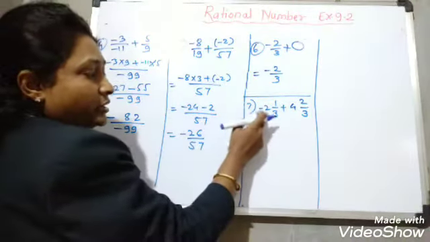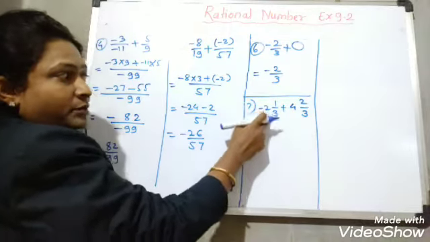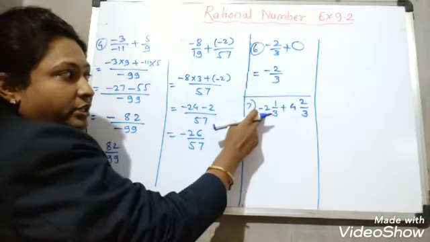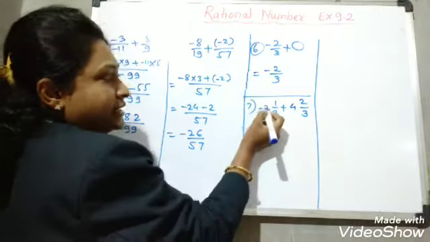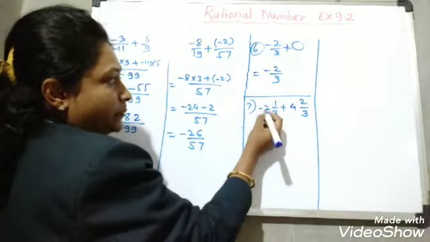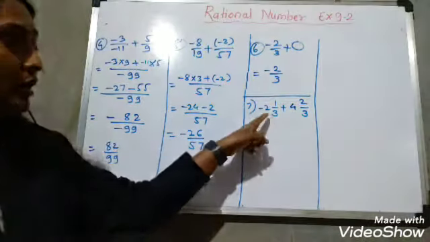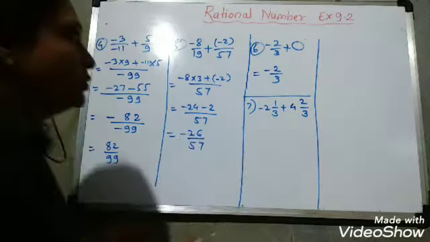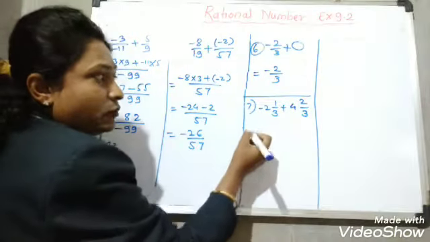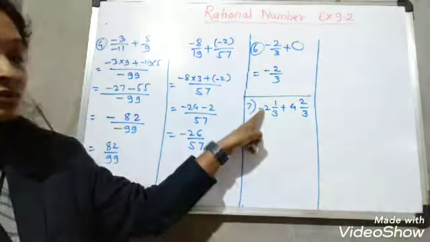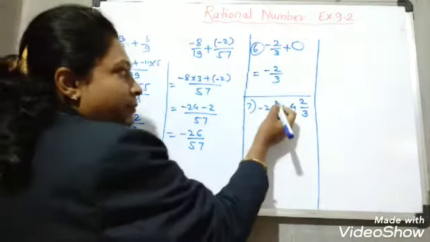Always remember, in the whole number and the denominator there is multiplication, and upside is addition. So I am converting this: 3 2s are 6, plus 1, 7. So minus 6 plus 1. What will come? 3 2s are 6, minus 6 will come, and plus 1.